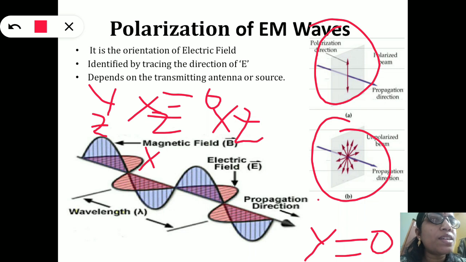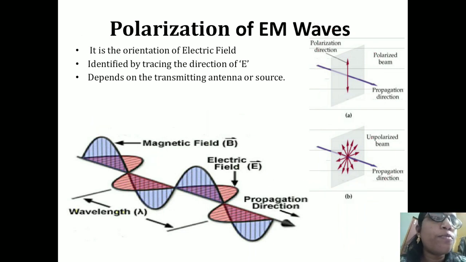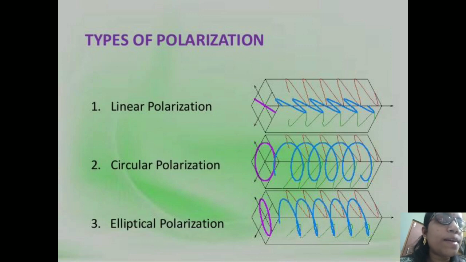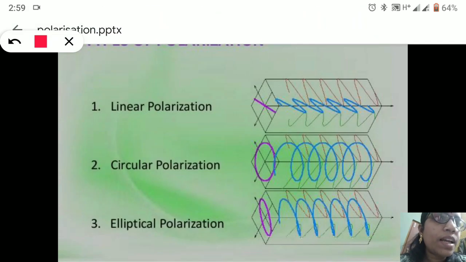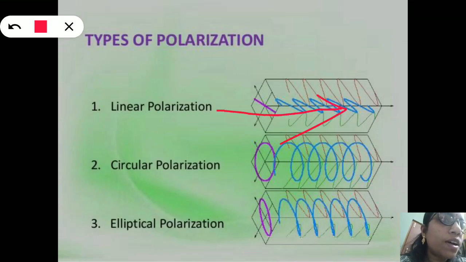The polarization may be through reflection or refraction. Coming to types of polarization techniques, there are three types: linear polarization, circular polarization, and elliptical polarization. If you see here, linear polarization will have a straight line, here it will have a circular motion, and here an elliptical motion.